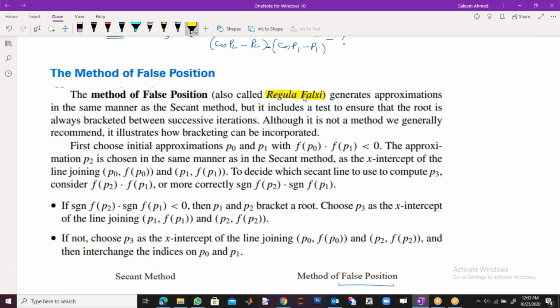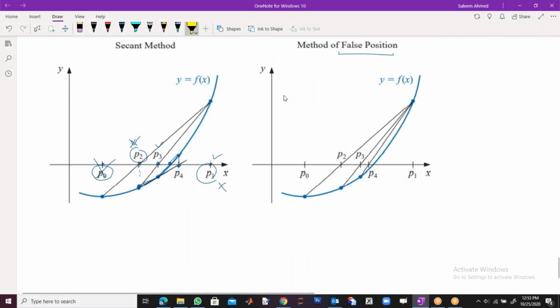It's the same thing. You see, at this step, if I go back and consider P2 and P3, we got these from P0 and P1, and now both points are below the x-axis.